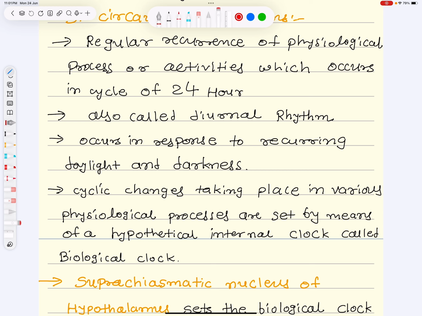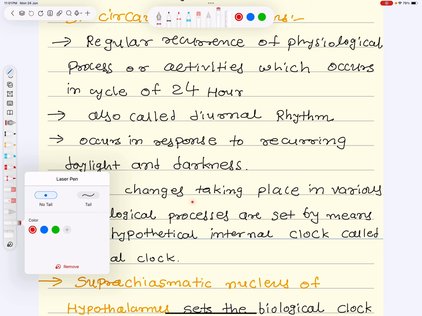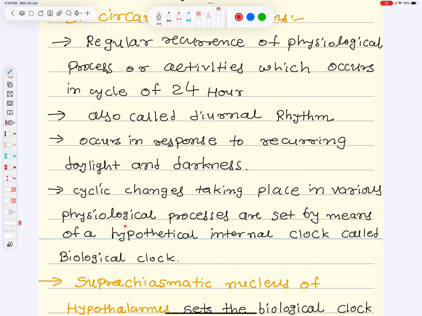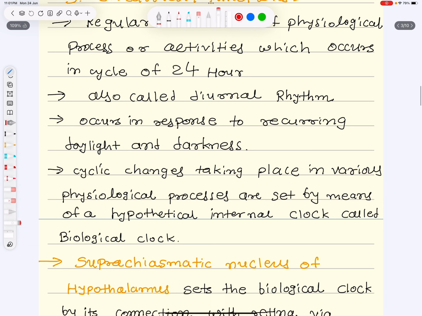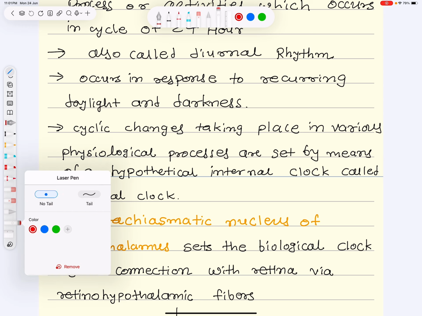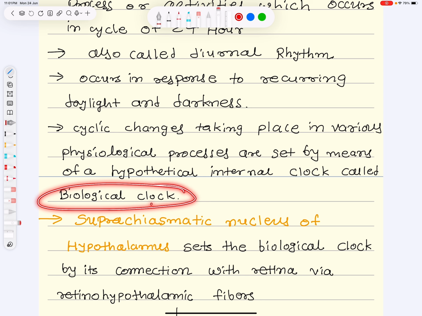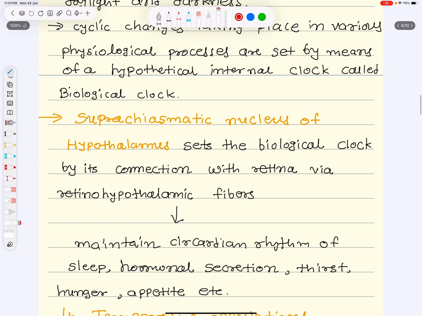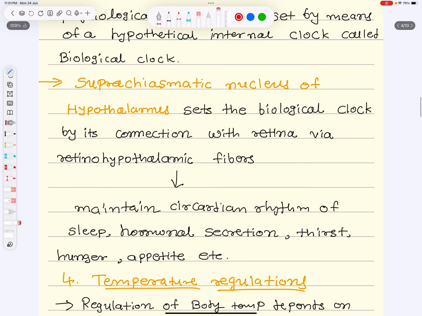Cyclic changes taking place in various physiological processes are set by means of a hypothetical internal clock called the biological clock. The suprachiasmatic nucleus of the hypothalamus sets the biological clock by its connection with the retina via retinohypothalamic fibers.